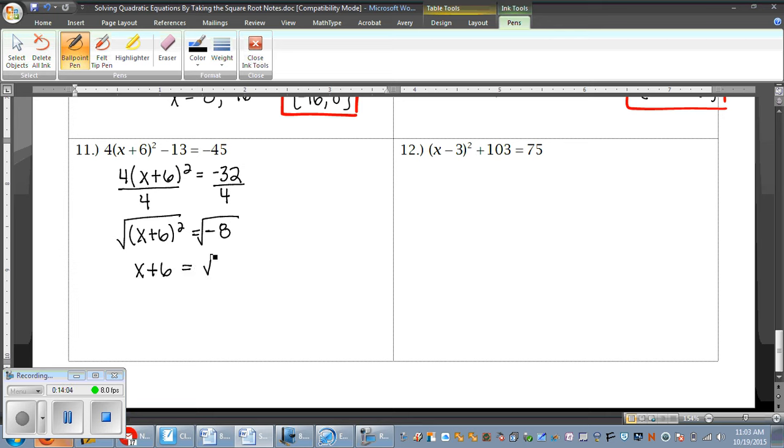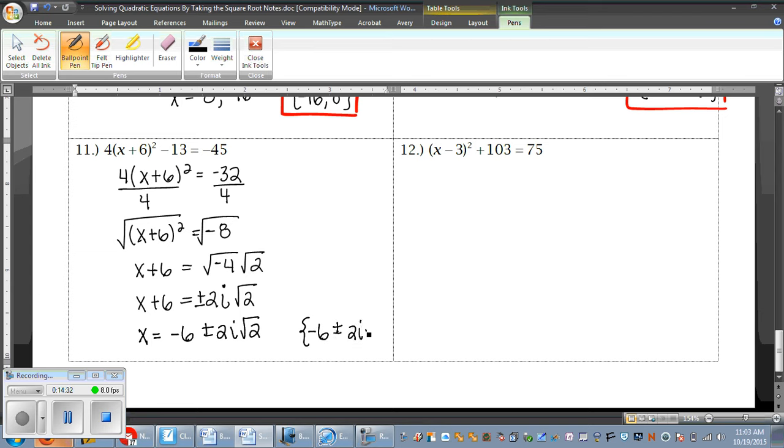So I'm going to separate it into -4 times +2. We just said that a square root of a negative number becomes an imaginary number. The square root of 4 is 2. And the other square root of 2 stays. I make sure I put a plus or minus in front of my answer. I subtract 6 to move it to the other side. And these are not like terms, so I leave it as -6 plus or minus 2i root 2.